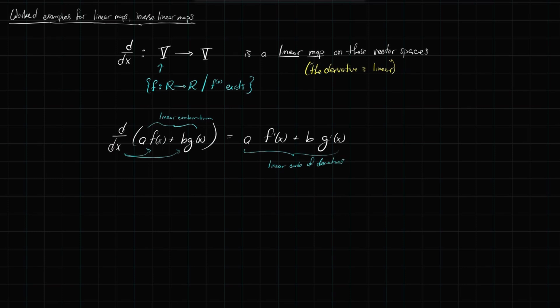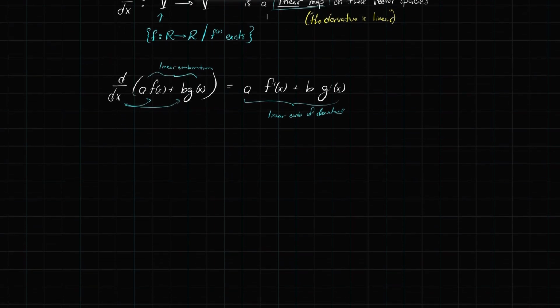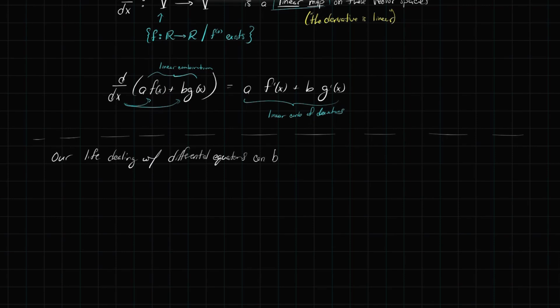And so you have this property that the derivative is a linear map, and I don't think too many people stress that, but it is incredibly important because it means that our life dealing with differential equations can be made easier by applying properties of linear maps and their inverses.